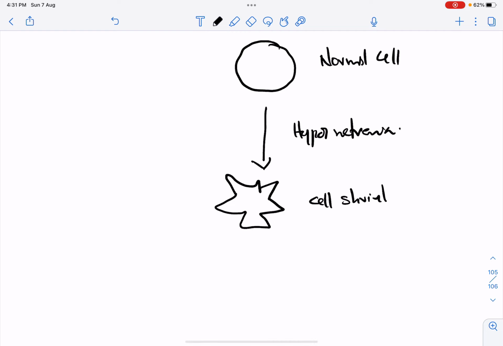So for that we have to find the free water deficit. As this is a woman, we take 40% of body weight as the current body water. So 0.4 into 60, that is 24, and we have our serum sodium, 168, divided by our desired sodium.